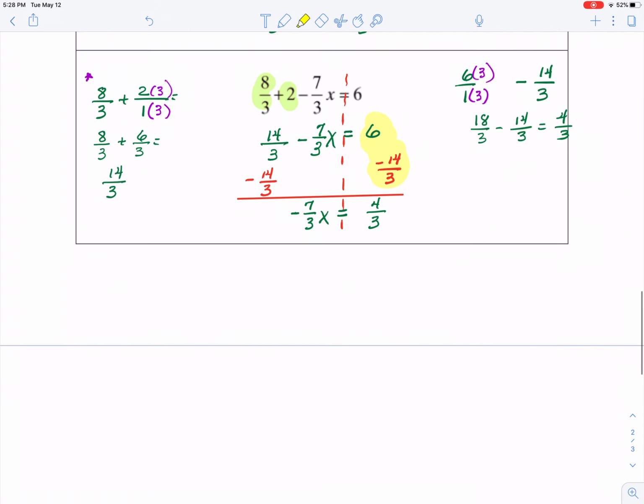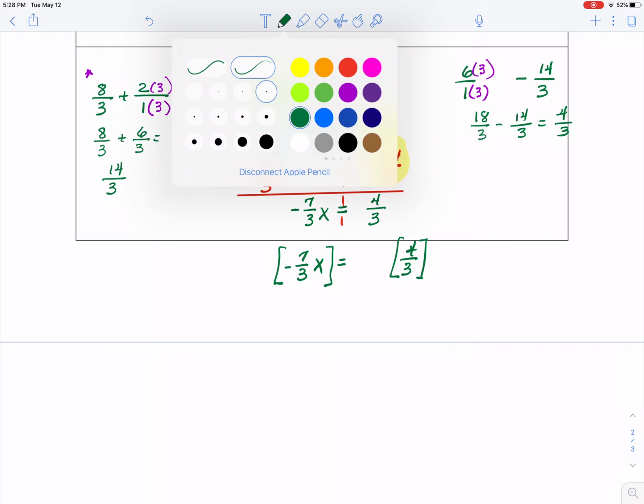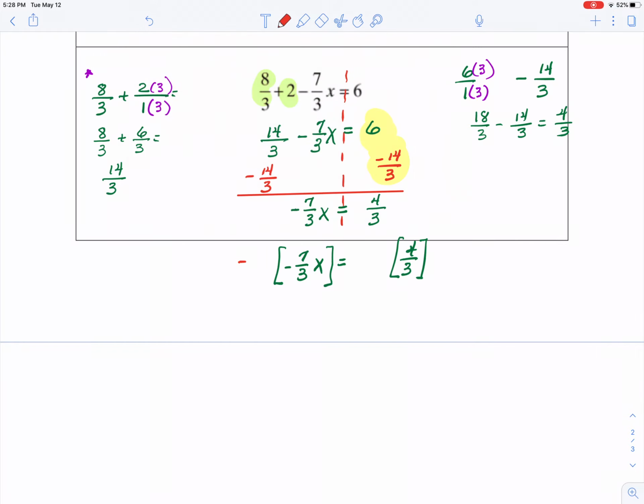All right, so we're almost done. Again, I've got a variable term that has a fraction, so I'm going to use my bracket technique, and I'm going to multiply both sides by the reciprocal, and notice that the reciprocal maintains the same sign.